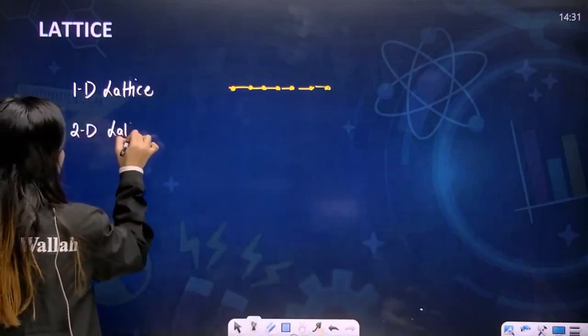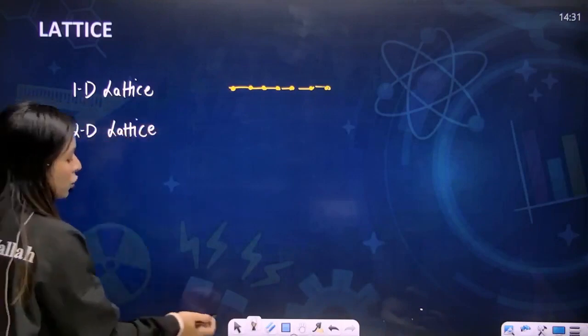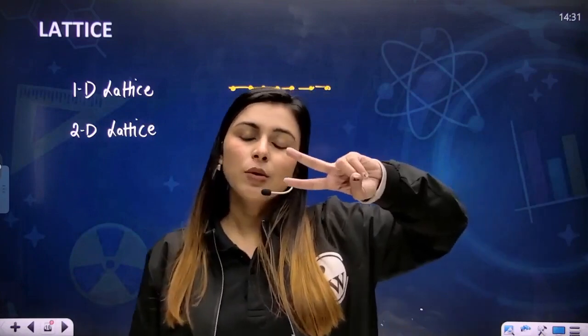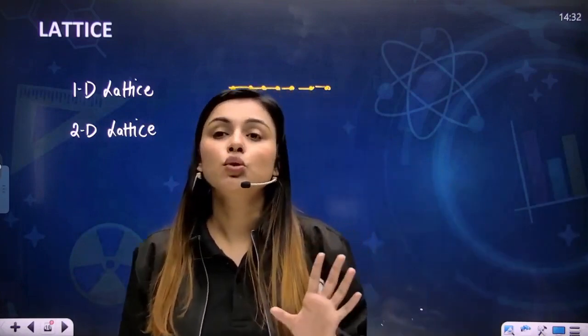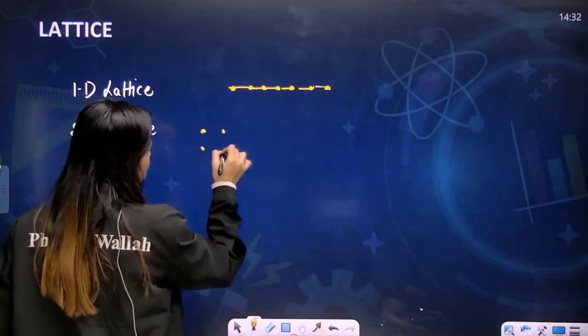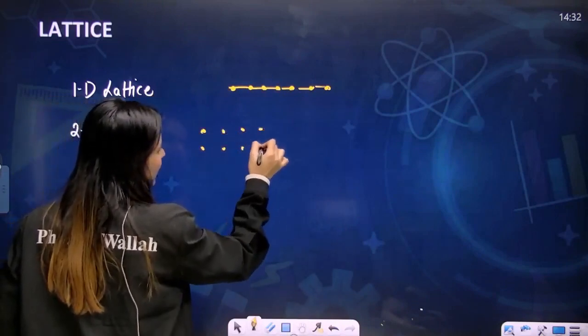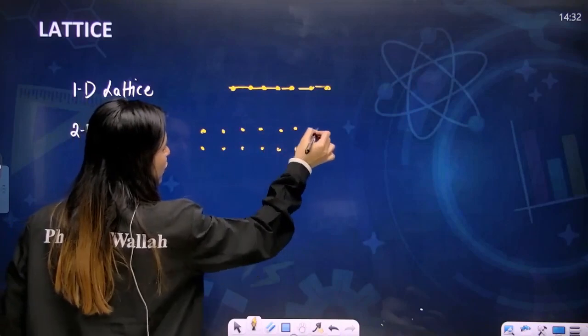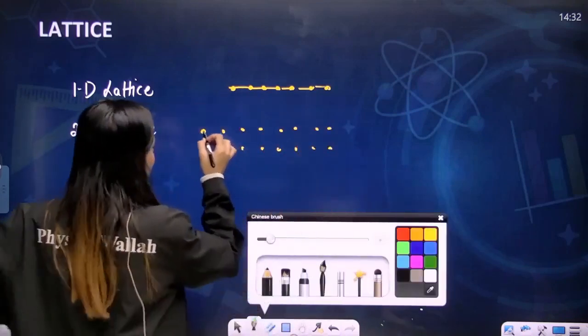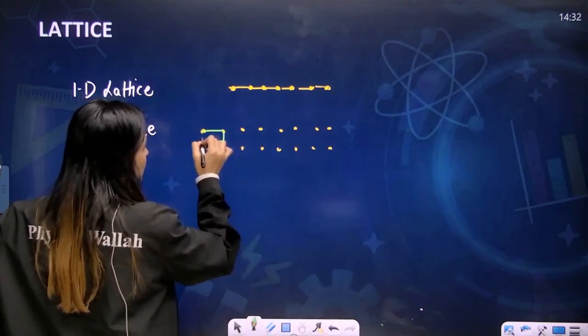Let's talk about the two-dimensional lattice. Since we are talking about two dimensions, it will be in two different axes, let's say x and y axis, so your lattice would be something like this. Are we playing a game or what? I hope you might have played this game, because I have played this game a lot.